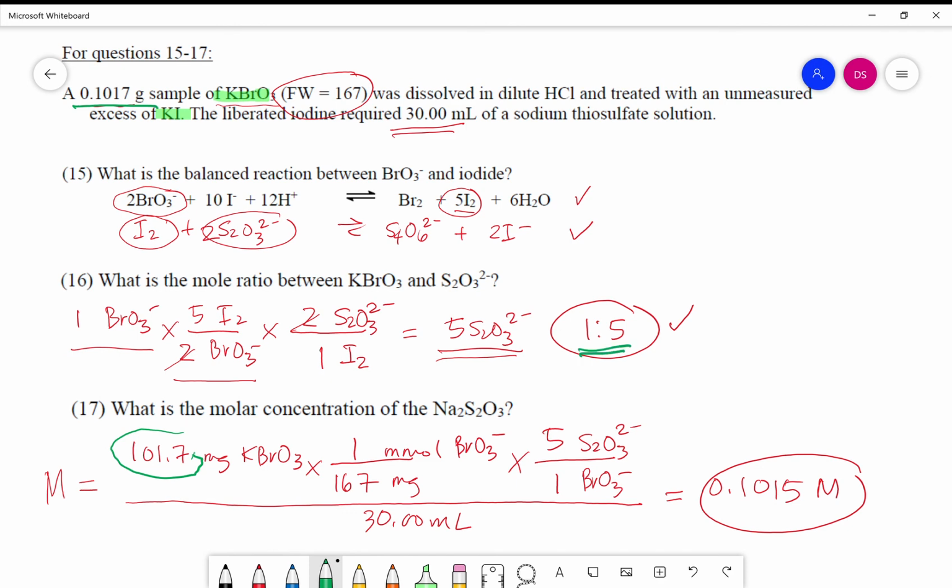So if you multiply the BrO3 by 5, that converts to thiosulfate, and that is millimole thiosulfate. And so millimole thiosulfate divided by volume thiosulfate gives you the molarity of thiosulfate. So the answer is 0.1015 molar.